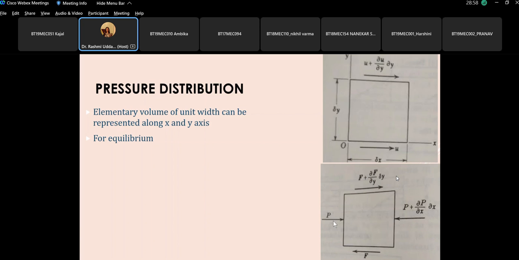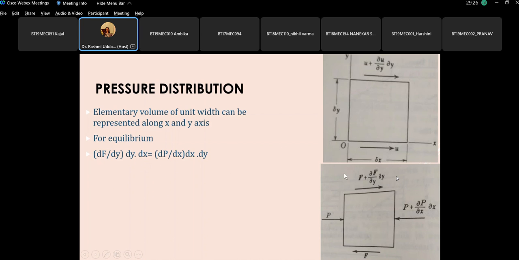If the pressure here is P, the pressure after a distance del x is P plus del P by del x into del x. To maintain equilibrium of horizontal forces, I want you to draw the figure and label it as shown here. I'm writing D here, but read it as del. I could not insert del here.